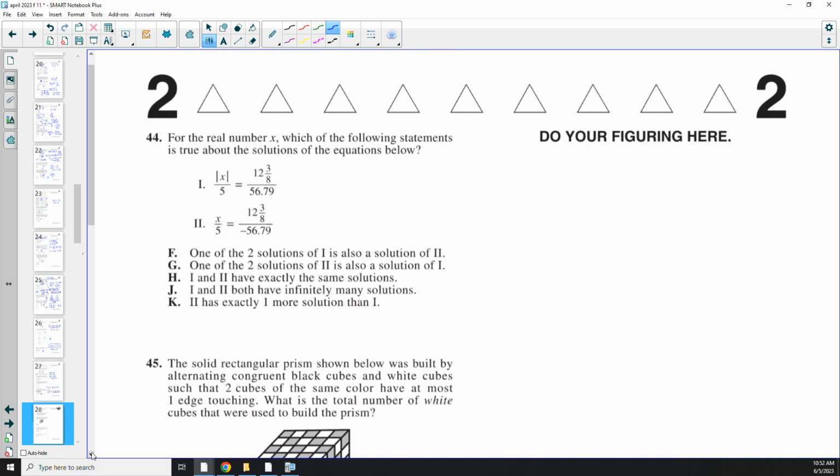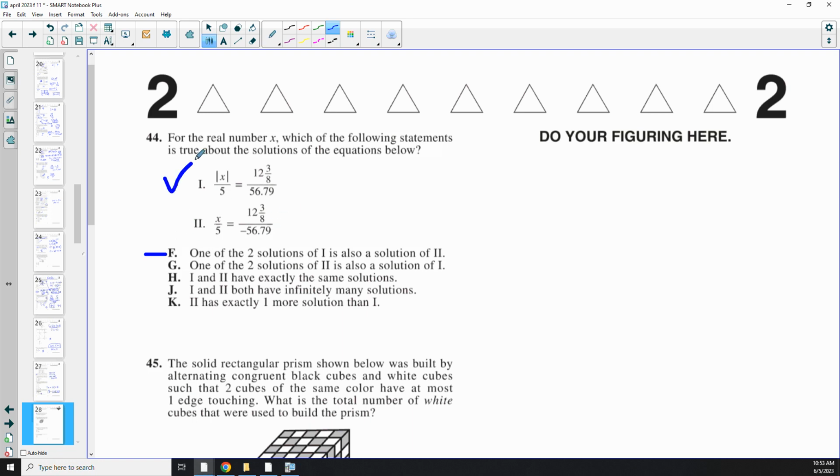Yeah, this is the two solutions of an absolute value. One is negative and one is positive for the solution. So these two, if you wanted to break it down, one of the two solutions here would be a solution for the second one, because the second one lists the negative solution only.